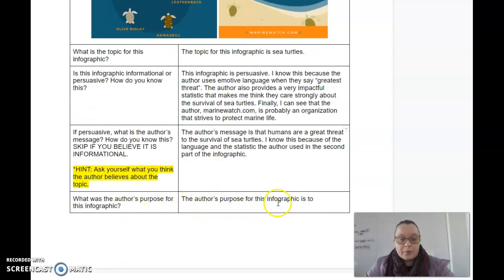What was the author's purpose for this infographic?